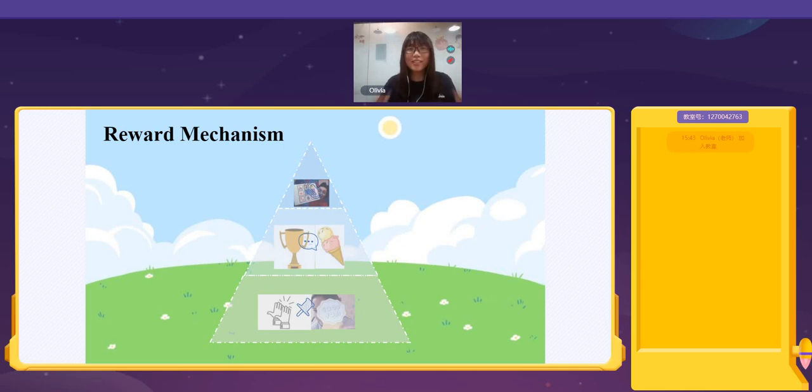So please focus on it and prepare the rewards with the teaching materials before you start class, to make sure you have different handmade rewards, and the kids will feel really happy when you encourage them.